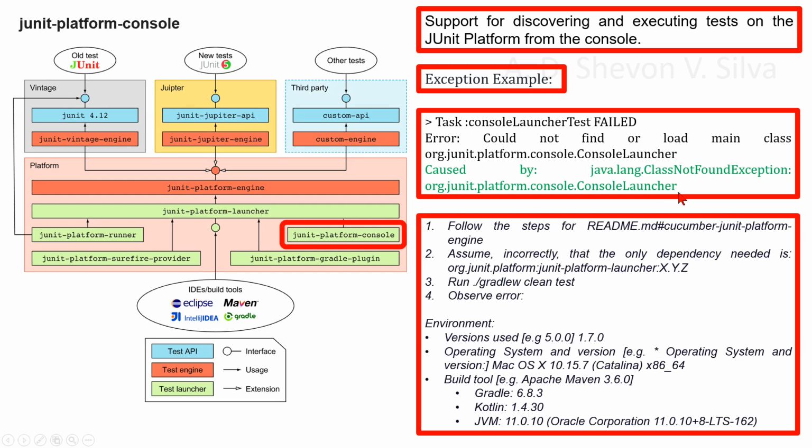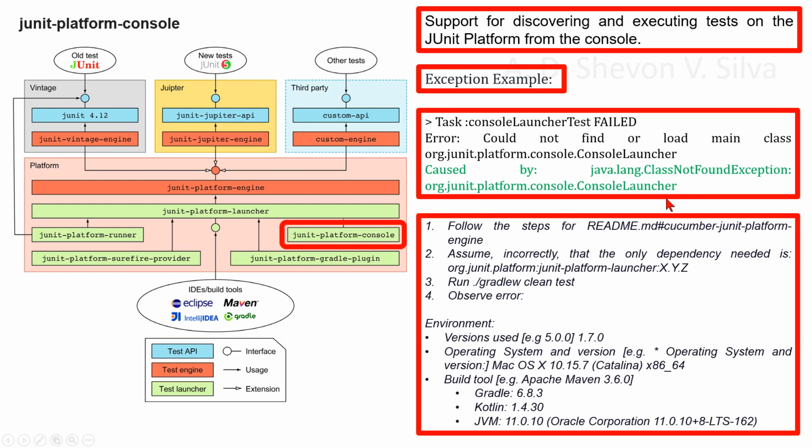Follow the steps from the README.md in cucumber-junit-platform-engine. Step 2, assume incorrectly that the only dependency needed is org.junit.platform:junit-platform-launcher:xyz. Run ./gradlew clean test and observe the error.